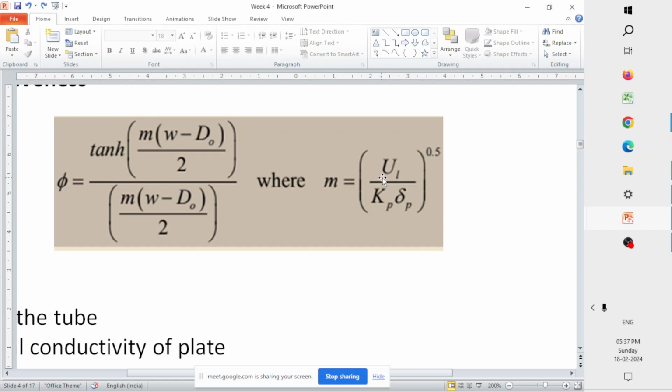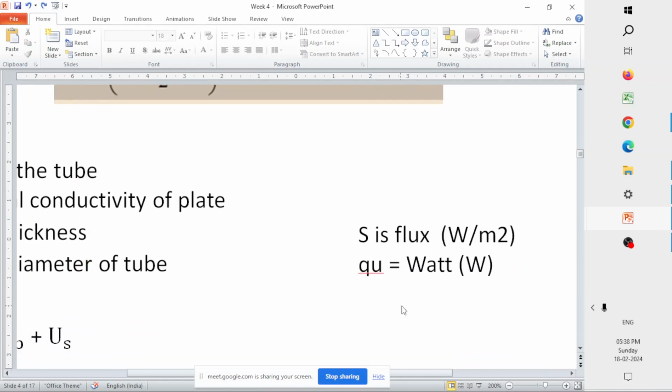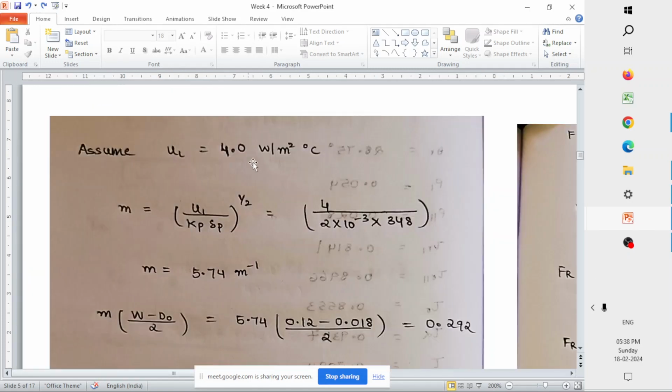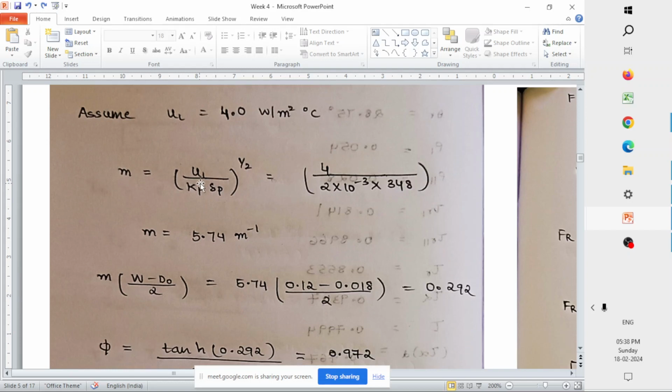Since UL is not given to us in the question, we initially assume the value of UL as 4 watt per meter square Kelvin, or 4 per meter square degree Celsius. Both are the same because the temperature difference is the same, so degree Celsius and Kelvin will not make much difference.